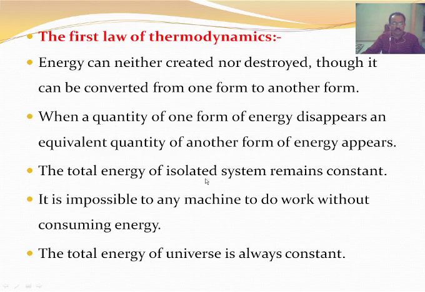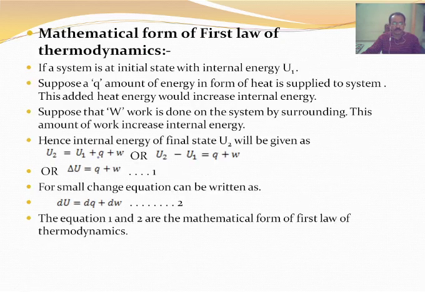Third, the total energy of an isolated system remains constant. Fourth, it is impossible for any machine to do work without consuming energy. And fifth, the total energy of the universe is always constant. Now, these are the 5 different statements of the first law of thermodynamics.